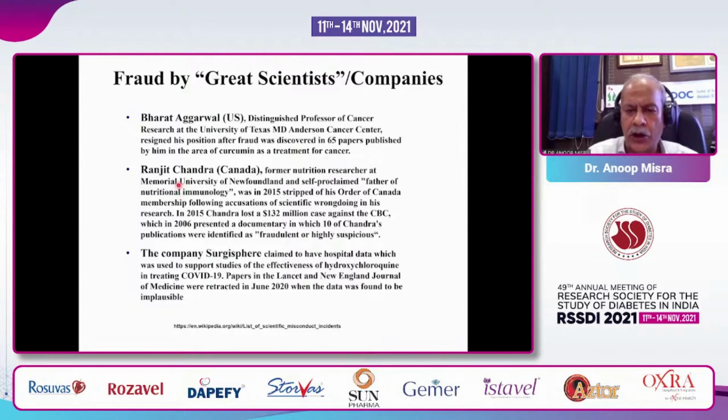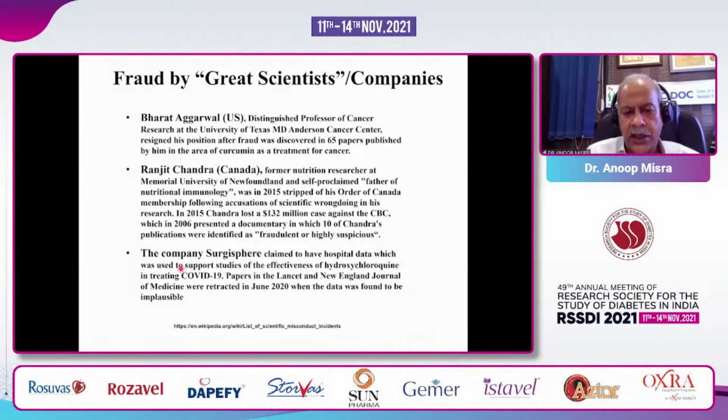Ranjit Chandra, the god of nutrition research from Canada, father of nutritional immunology, was in 2015 stripped of his Order of Canada membership following accusations of scientific wrongdoing in his research. In 2015, Chandra lost a $132 million case against CBC, which in 2006 presented a documentary in which 10 of Chandra's publications were identified as fraudulent or highly suspicious.